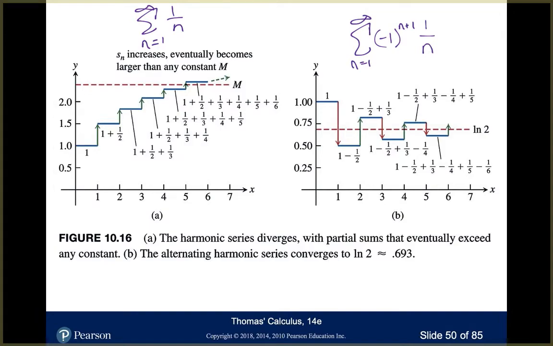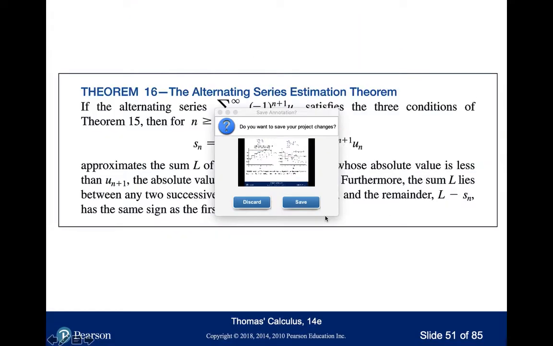And if we take the limit as n goes to infinity of just the 1 over n part, not the alternating part, that is becoming 0. So the terms themselves are becoming 0. So it meets all the criteria for the alternating series, and it is therefore convergent.